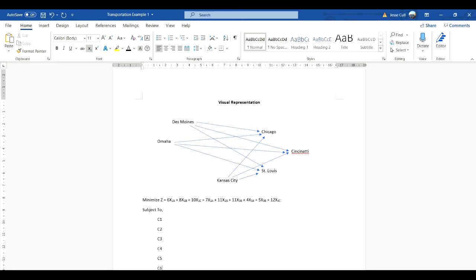Constraint 1, 2, 3, 4, 5, 6. So our first constraint is the goods shipped from X1. And X1 is Kansas City. So the goods shipped from Kansas City, and that's X1A plus X1B plus X1C.